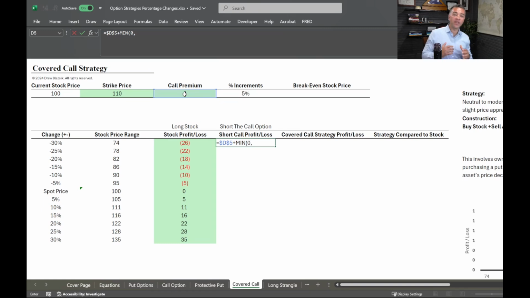I think the best way to think about the seller's profit loss on the call contract is this: if you bought the call, I have a right to buy it at 110. If it goes to 200, the buyer makes the profit of the stock minus the strike. That means it'll be the opposite for the seller. It's going to be the strike price minus, function F4, make sure it's frozen, minus the stock price.